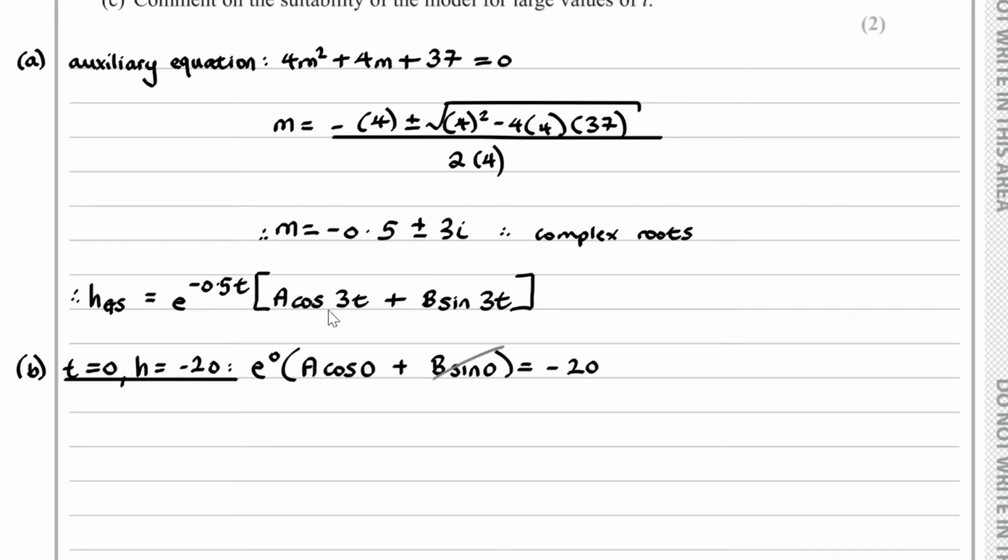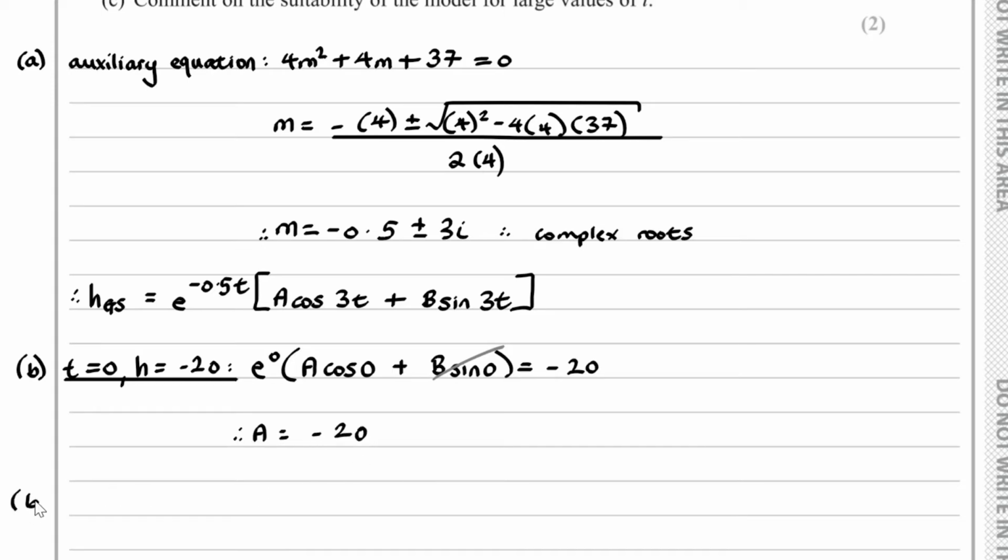This term disappears. e to the 0, that's just 1. So we have a times 1 times 1 equals negative 20. a is equal to negative 20.